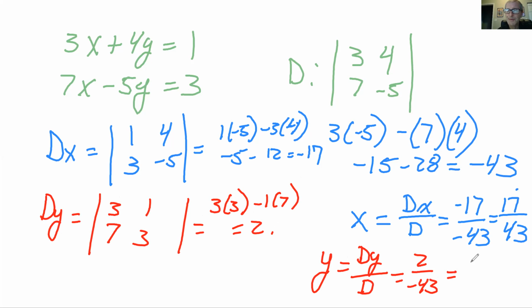And so you could see that here you get minus 2 over 43. And so a big advantage of solving these types of equations is when you end up with weird fractions like this. If you try to do this using elimination or substitution, you'll see that it's much easier to make a simple arithmetic mistake.